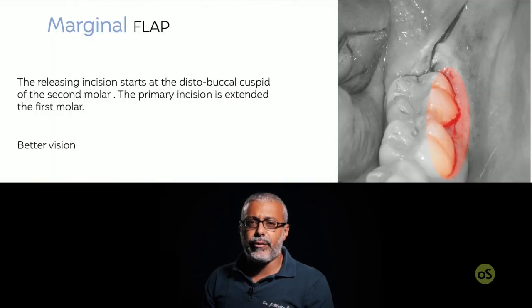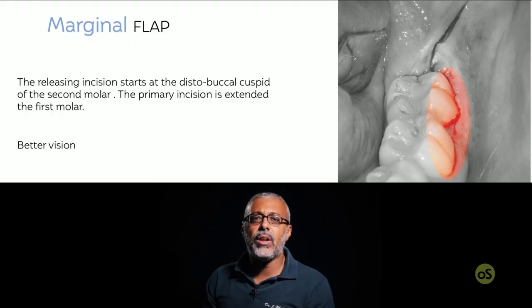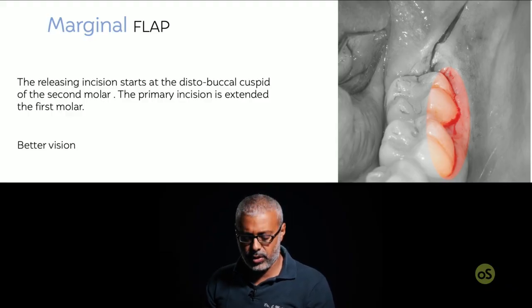Let's look at the marginal flap, which also involves the aspect of the first molar, and we can decide if the intrasulcular incision will involve the incision of the interdental papilla between the seventh tooth and the sixth tooth.